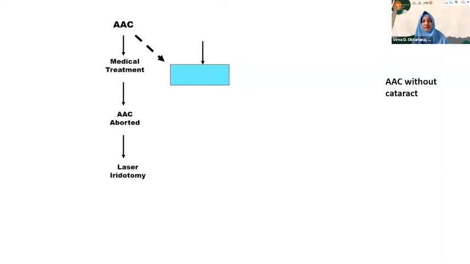But if medical treatment cannot lower the intraocular pressure rapidly, we can proceed to either ALPI or even paracentesis. And once the acute attack is aborted, usually it can be aborted with either ALPI or paracentesis, then we will proceed to laser iridotomy. And once the laser iridotomy is done, patients recover and we need to follow up the patient.